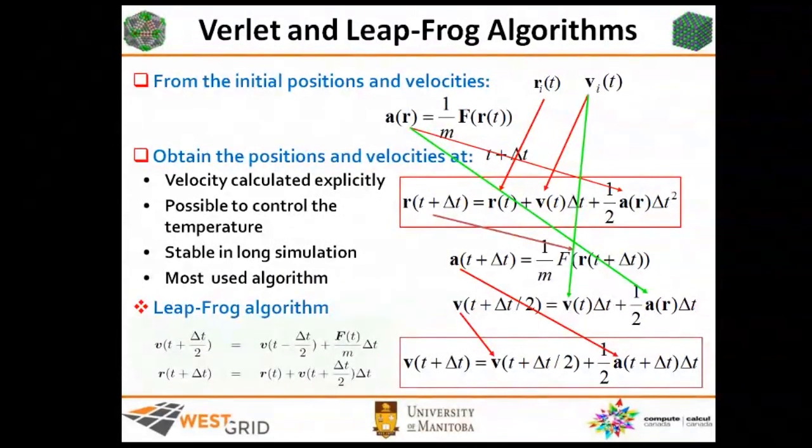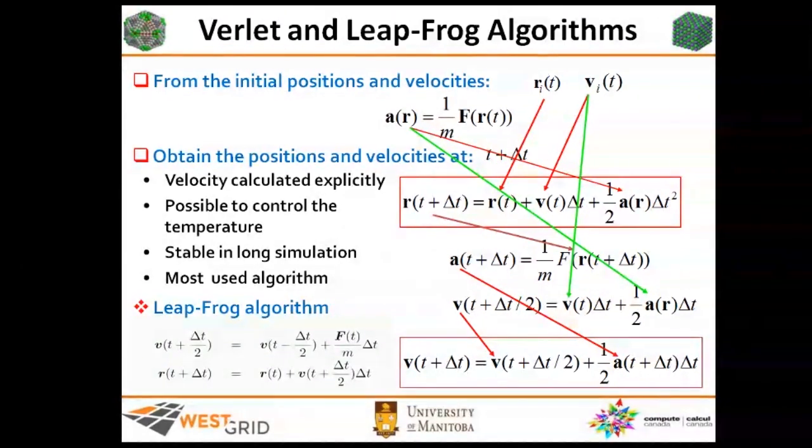Another algorithm which is similar to this one is called leapfrog. The first one uses the velocities at time t and t plus delta t. This one computes using the velocities at half step between the first position and the next position. Another algorithm to integrate the equations of motion is called the predictor-corrector algorithm. There are two parts here.